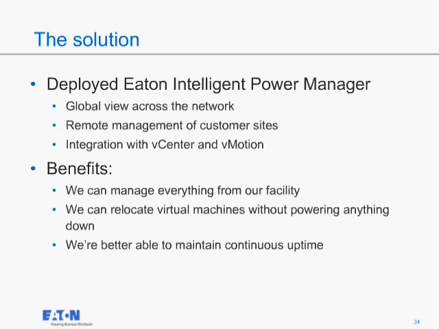What we ultimately ended up with the IPM solution is that it allowed our Network Operations Center to see in real time all of our clients and the status of the power systems there, so that if there are power events, we can discriminate those very discreetly and say that this is a power event, not a server or a VM event, in the event of an outage.